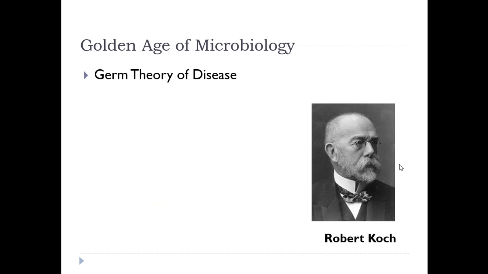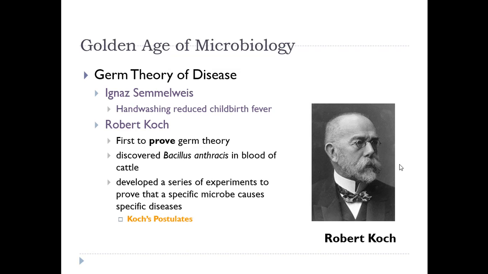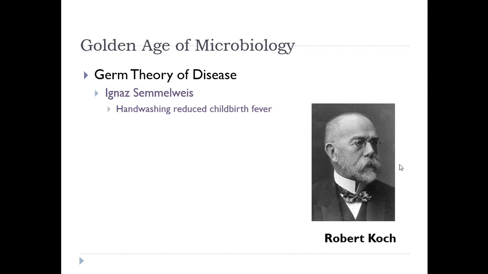Moving on, germ theory of disease again. Ignaz Semmelweis. He was the guy who, in Austria in the 1800s, tested out hand washing before childbirths, and he noticed that a lot of the deaths from childbirths were going down after the washing. For some reason, people thought it was beneath them to wash their hands, or at least physicians did, and so they wouldn't do it.